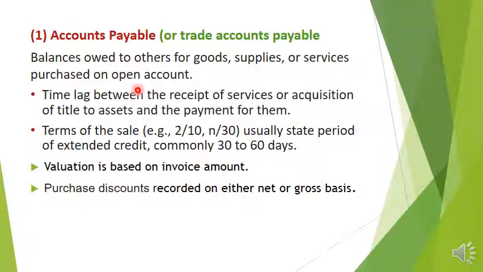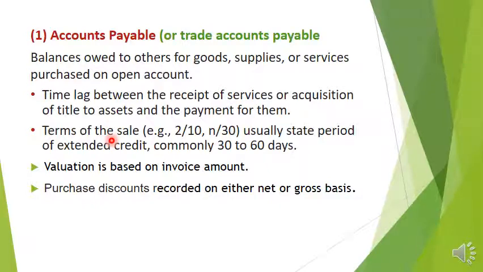The first current liability, accounts payable or trade accounts payable. Balances owed to others for goods, supplies or services purchased on open account. There is a time lag between the receipt of services or acquisition of title to assets and the payment for them.